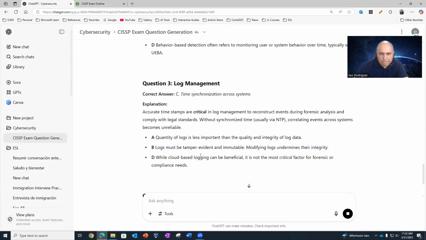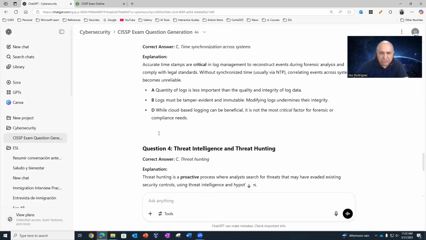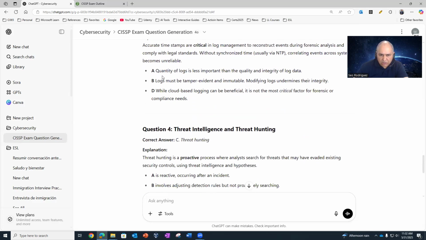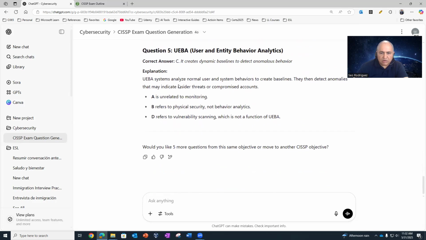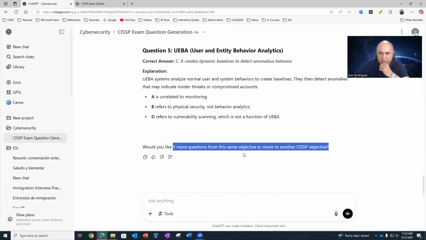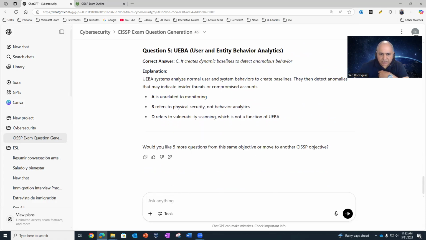All right. So here it gives me the correct answer, an explanation, and then the reasoning why those other choices are not correct. And that was only 5 questions. If you want to continue with this, you could either move to that or another objective.